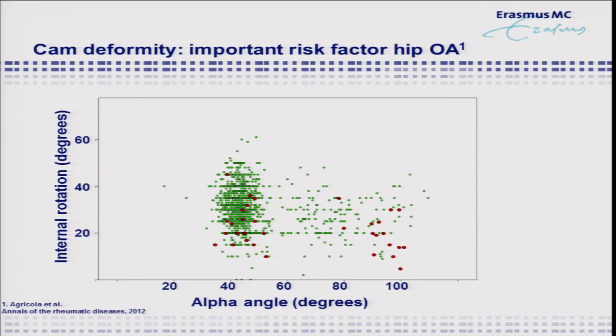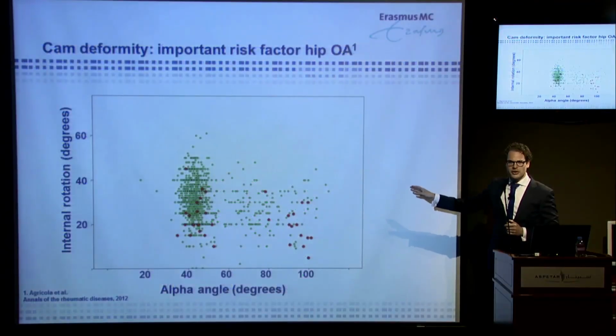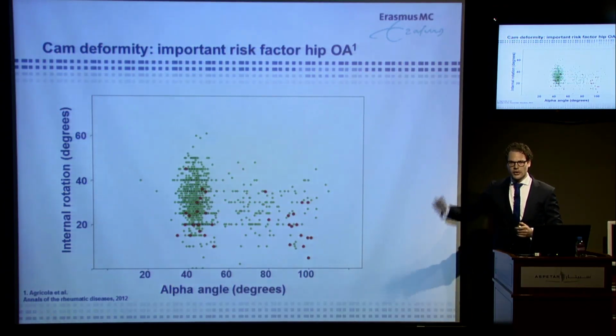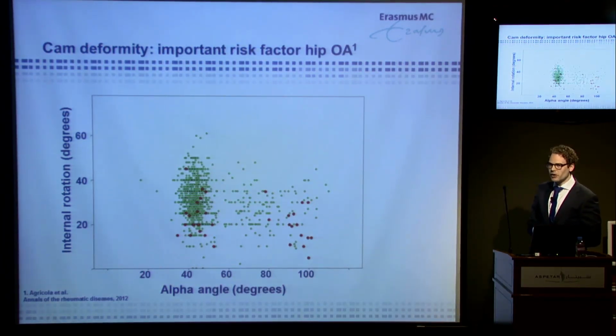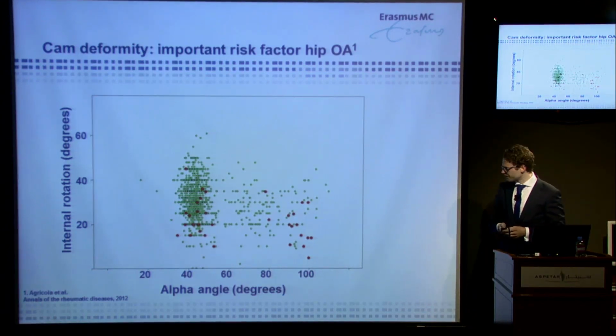We followed them up prospectively for 5 years, and it's important to know that at baseline, they didn't have definite signs of radiographic OA yet. And the red hips here in this figure are the hips that went on to a total hip replacement within 5 years, so very fast.